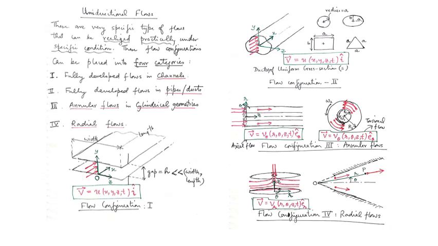Right. So once we have gone through these four basic flow configurations that are going to have a unidirectional flow, then we can go about a general, very basic analysis of all these flow configurations without going into any specific solution or analysis with particular boundary conditions.